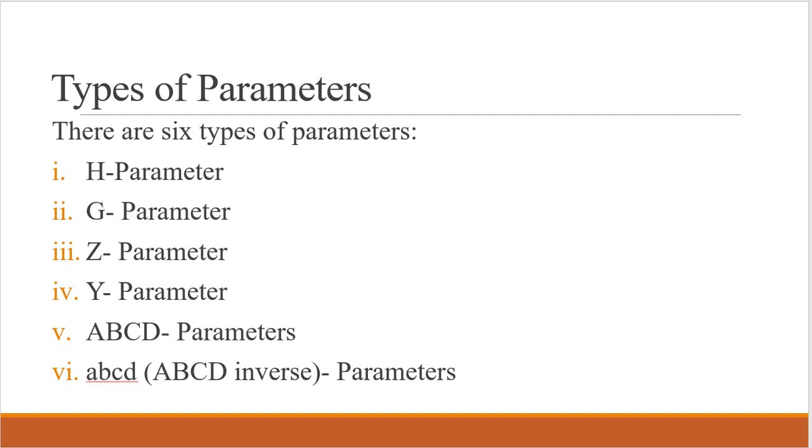And on the fifth place we have the ABCD parameters, which we are going to consider in this lecture on transmission lines. I will tell you why we prefer the ABCD parameters. But first let me tell you that the sixth type is small abcd, also known as the ABCD inverse parameter, right?